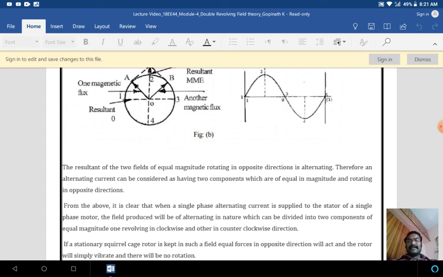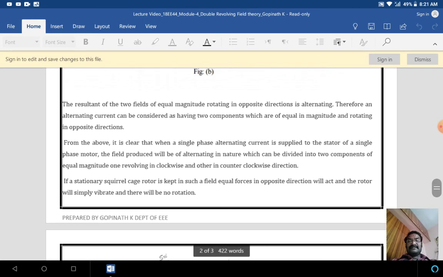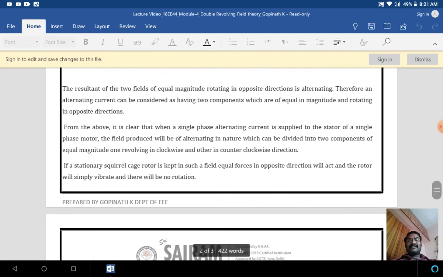Therefore, an alternating field can be considered as having two components of equal magnitude rotating in opposite directions. From the above, it is clear that when single phase alternating current is applied to the stator of a single phase motor, the field produced is alternating in nature, which can be divided into two components of equal magnitude, one revolving in clockwise direction, another in counterclockwise direction.